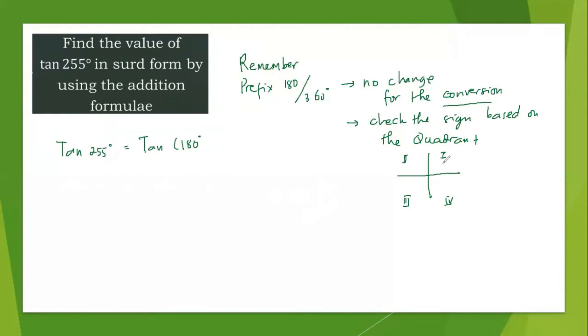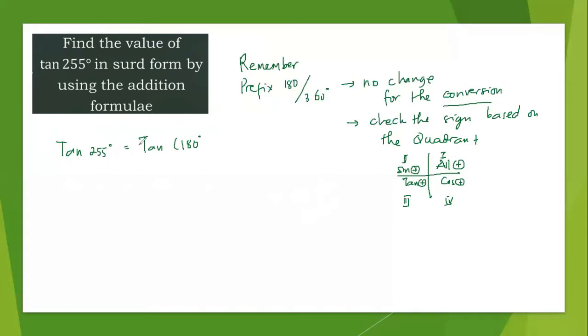In the first quadrant, all are positive. In the second, only sine is positive. In the third, tangent is positive. And in the fourth, cosine is positive. You still remember this one, right? Now we go to the question.